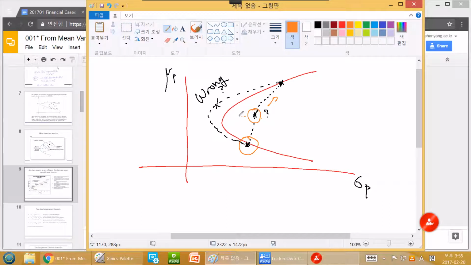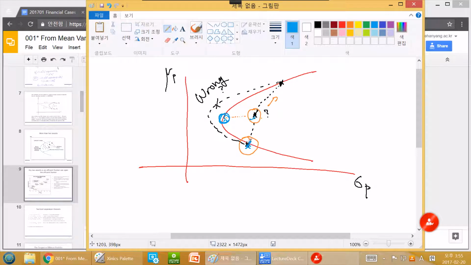So alternatively, we can create some asset over here. Then in that case, instead of combining this one and this one to produce this one, what if we combine this one and this one, right? This one is worse than this one.